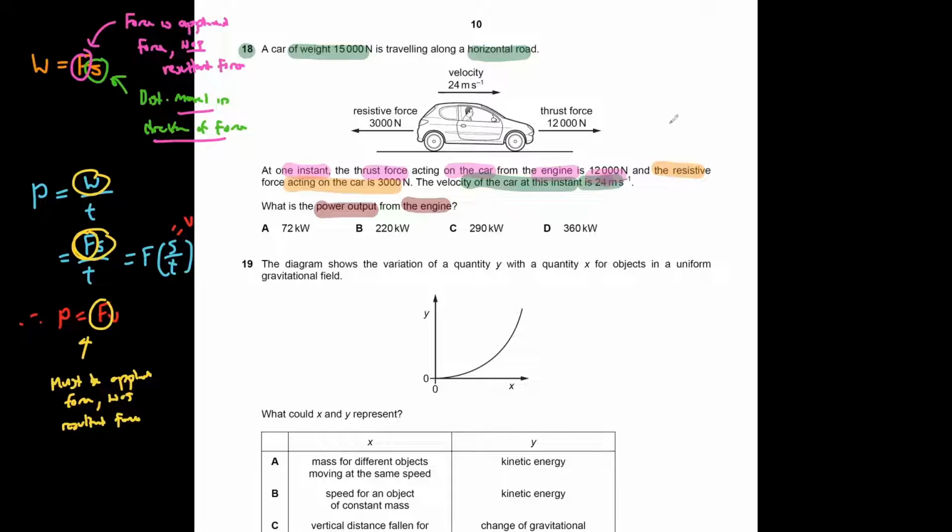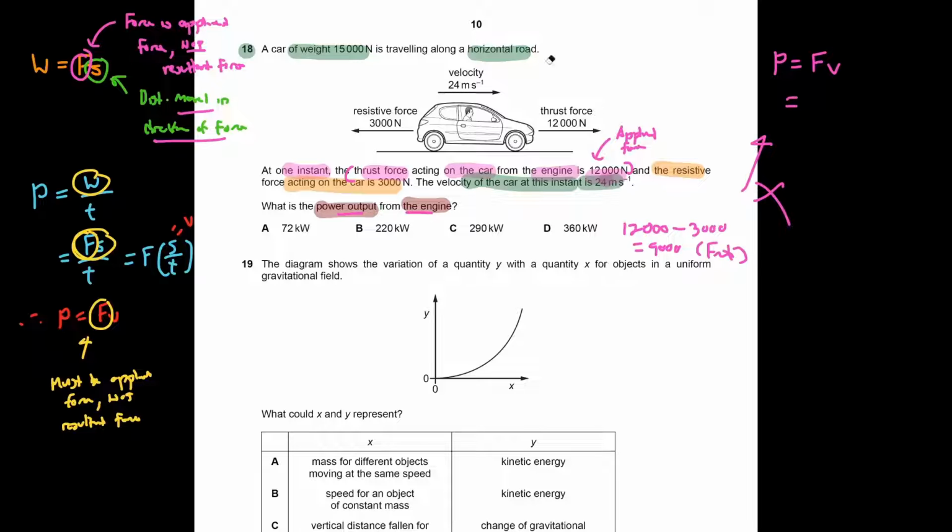Cannot be resultant force. So when they ask you to find the output power from the engine here, you can use P equals Fv, but the force that you use must be the thrust force from the engine. This is actually your applied force here. You don't go and take 12,000 Newton minus 3,000 Newton, giving you 9,000 Newton, and put it inside. This is wrong because this is actually net force.